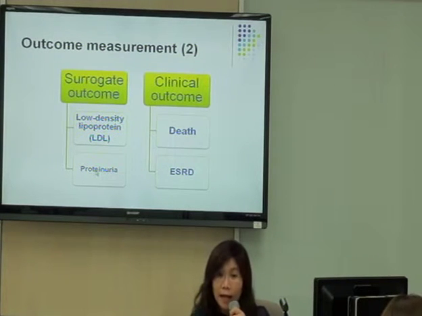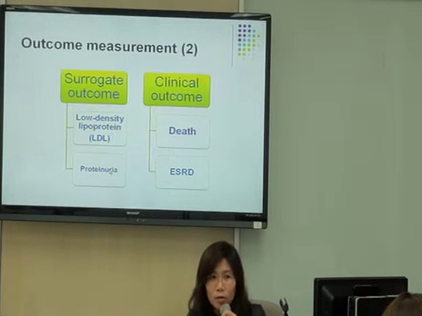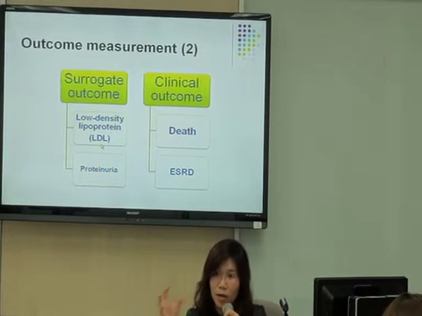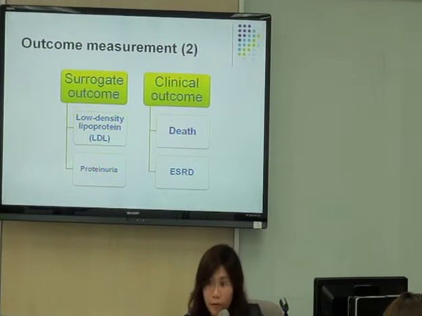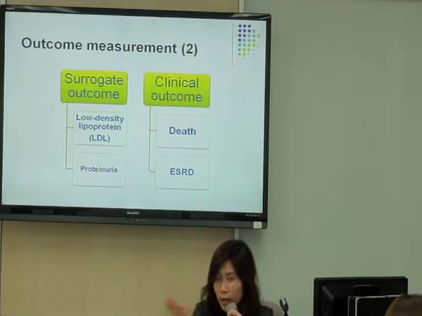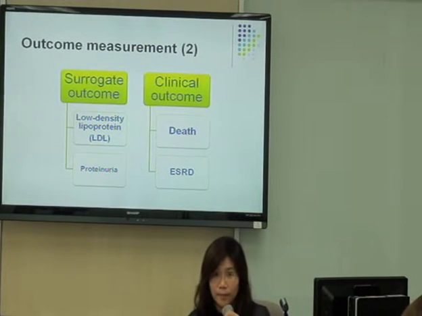If you can identify the mechanism that proteinuria can cause end-stage renal disease, it's not just the surrogate to measure the outcome, but by itself, it can cause tubular injury. So that's why we have interstitial nephritis, and that's why we have end-stage renal disease. So you can identify the mechanism of this. So proteinuria might be both surrogate and also mediator.